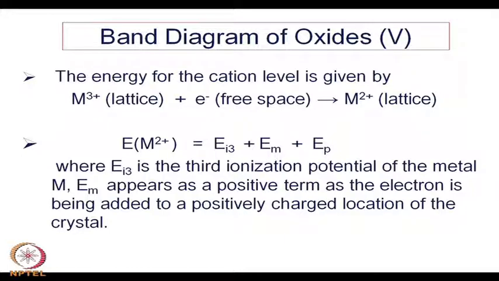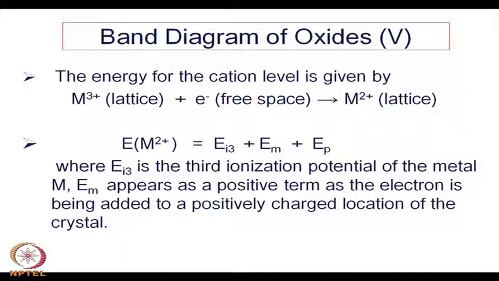Now, in the case of the cation, the energy for the cation level is given by similar terms, M3 plus. Now, an electron is getting added to a cation. So, we start with a 3 plus ion, M3 plus ion, and when the electron is added to the system from the free space, from outside the lattice, it changes over to 2 plus.